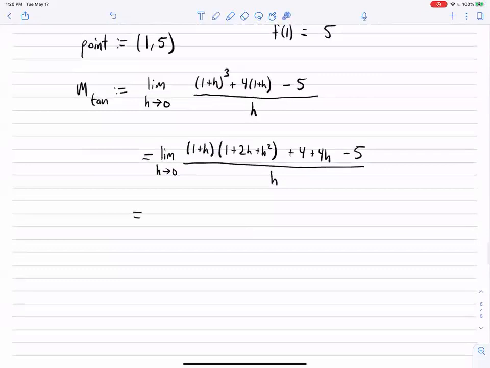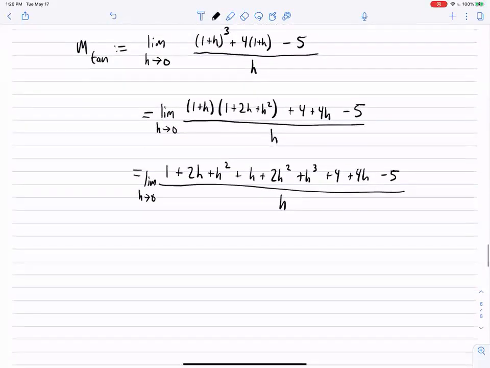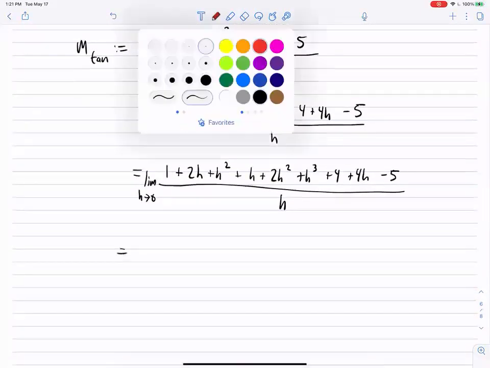And then now we can FOIL this out, and what do we get? We get 1 plus 2h plus h squared plus h plus 2h squared plus h cubed plus 4h minus 5 all over h, and it's the limit as h approaches 0. So a lot of things are going to cancel now.